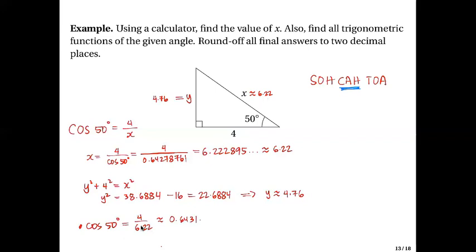According to this calculation, it's approximately equal to 0.6431.